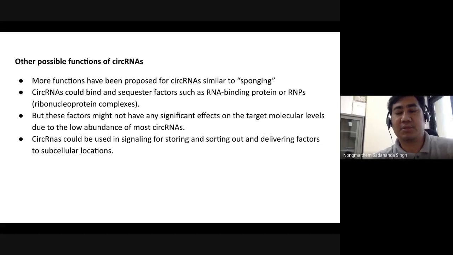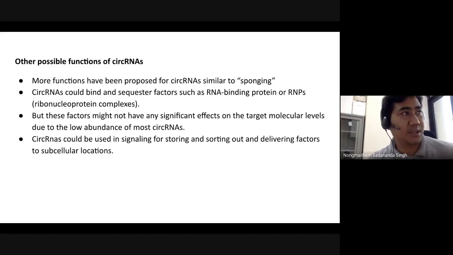For example, in a cancer system, if circular RNAs are very prevalent in this cancer, then it may be used as a diagnostic marker for diagnosing those kinds of systems. And as you all know, circular RNAs are much more stable. Even if it comes into circulation, circular RNAs are going to be much more stable in the system. So it may be a better RNA molecule for diagnosis or tissue typing. Okay, so that is the take home.